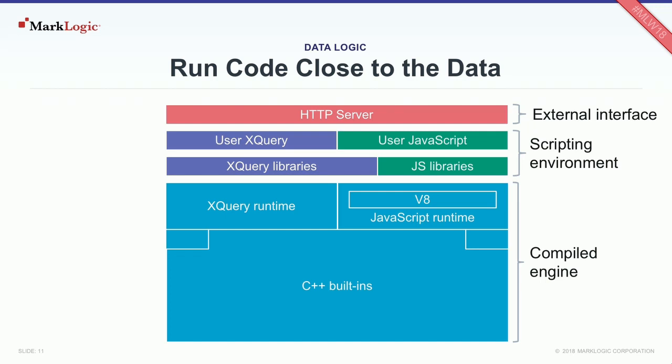And one of the differentiators with MarkLogic is the ability to run code in the database. And this means that you can write the equivalent of stored procedures in a proper scripting language, so XQuery or JavaScript. So this allows you to implement logic next to the database without a lot of expensive conversations. So this is a way to deploy those APIs and then deliver them over HTTP. And we have clients that consume those APIs.